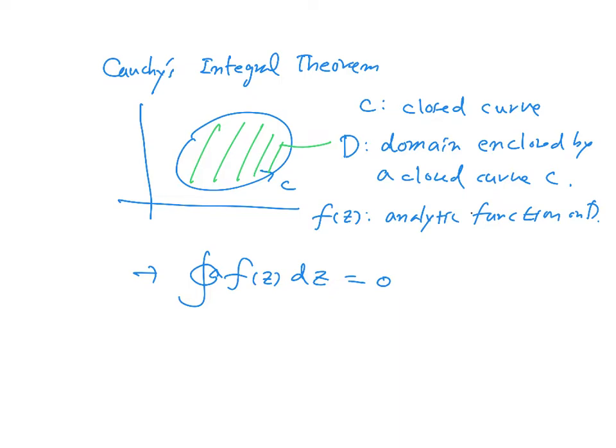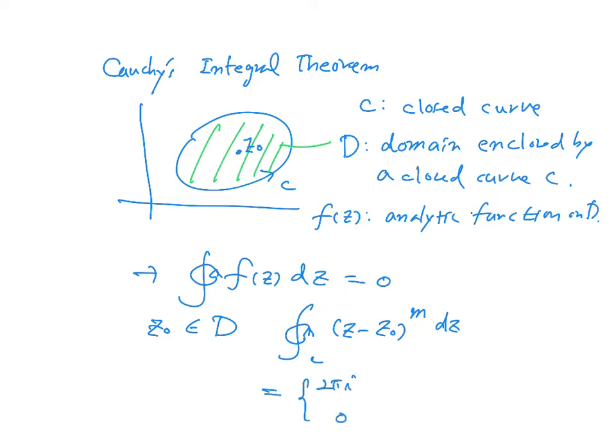And also, another result we obtained last class was, when z naught belongs to D, this integral of (z minus z naught) to the n is 0 otherwise.